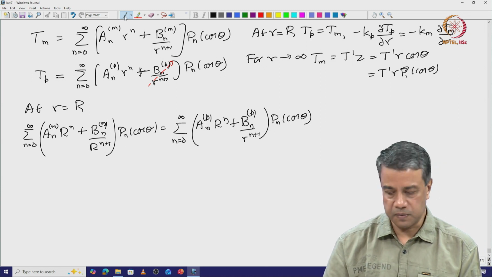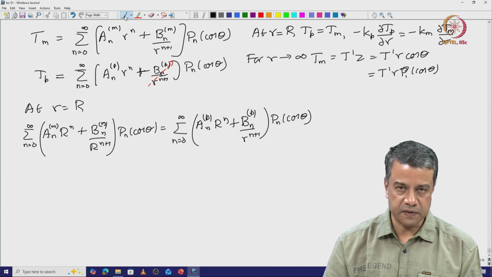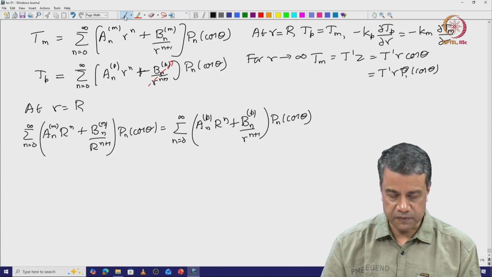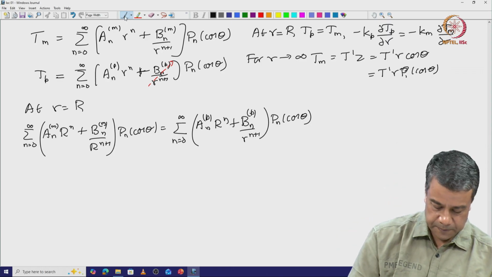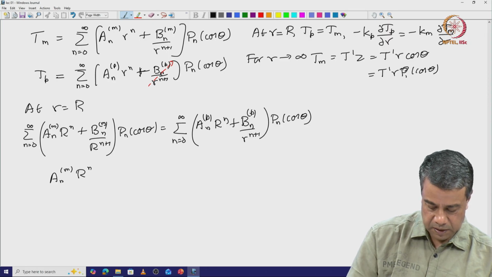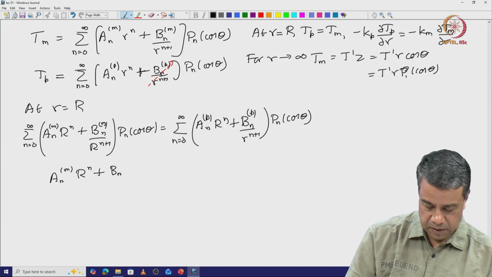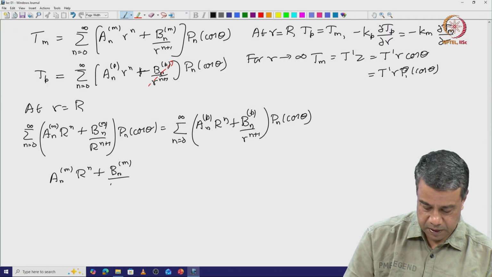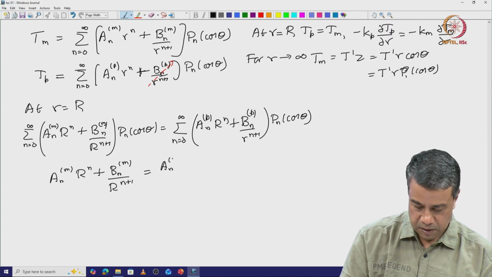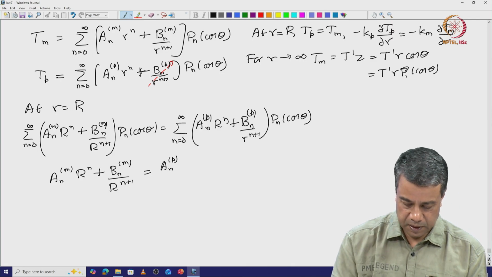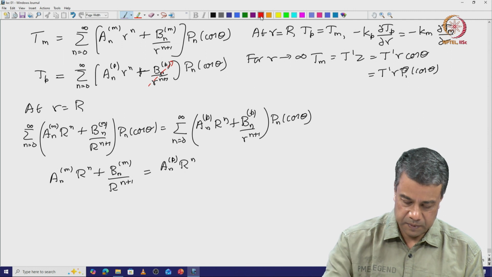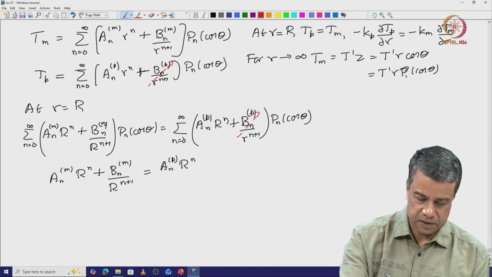Therefore, A n matrix r power n plus B n matrix by r power n plus 1 is equal to A n particle into r power n, and I already told you that these B n's all have to be 0 in the particle, so that the temperature is finite.